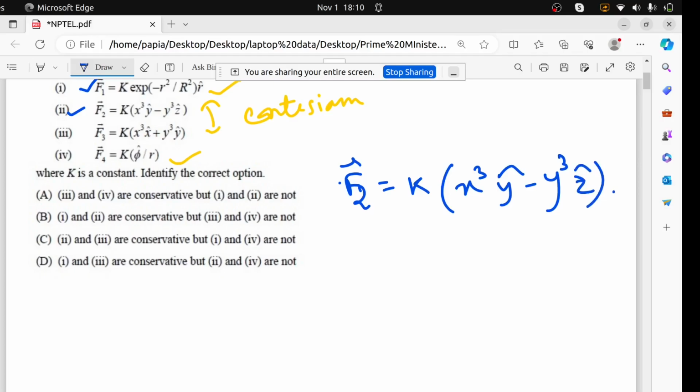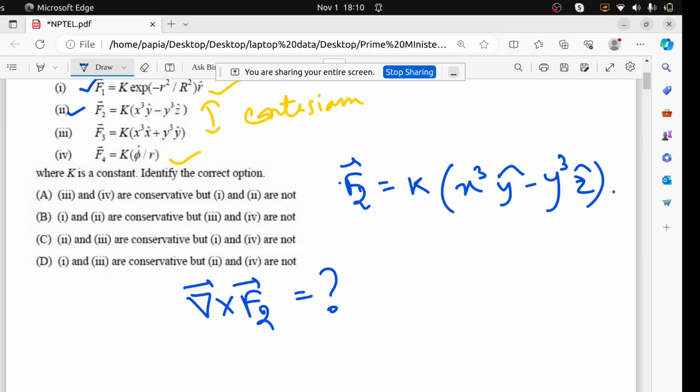Yes, so this one we have to calculate. So what you have to calculate? This one simply. So what will be the value of this one? I can give you 2 minutes also for this, so that you can tell me conservative or not.